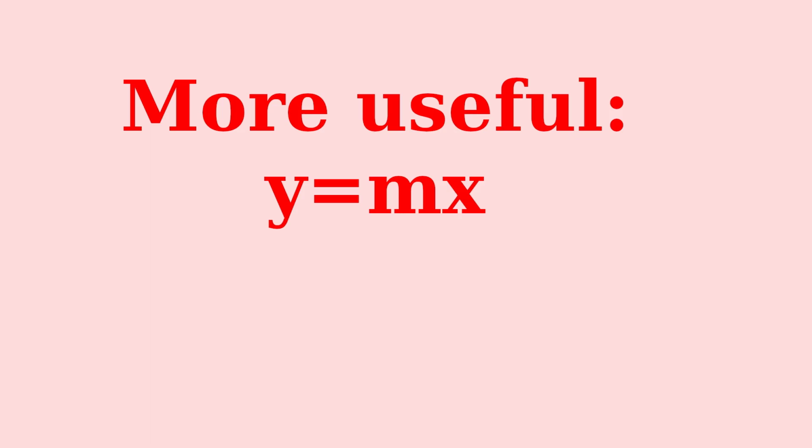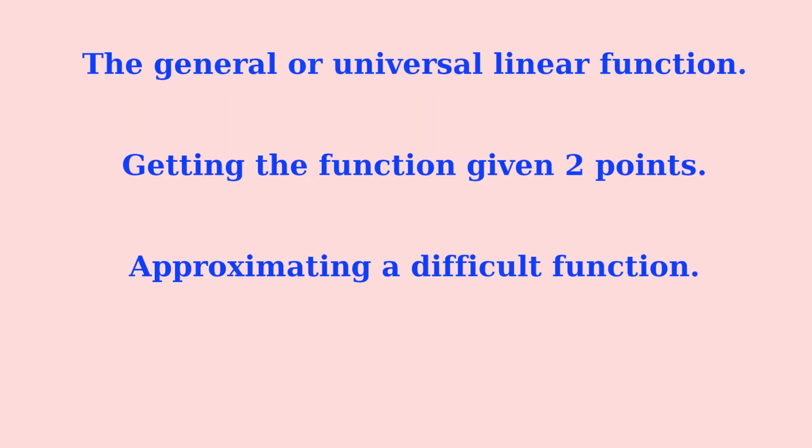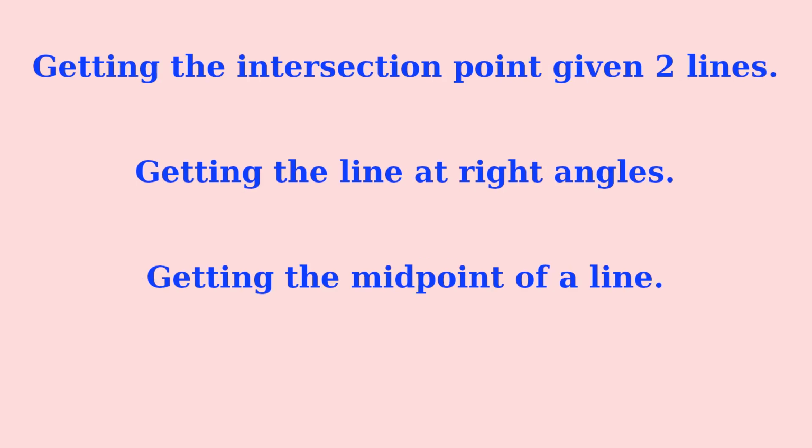Now that we got that out of the way, here's the basic plan for the rest of this video. The general or universal linear function. Getting that function given 2 points. Approximating a difficult function. Getting the intersection point given 2 lines. Getting the line at right angles.